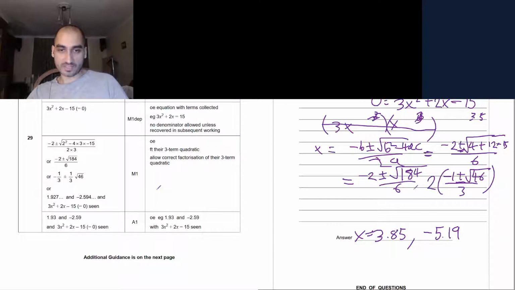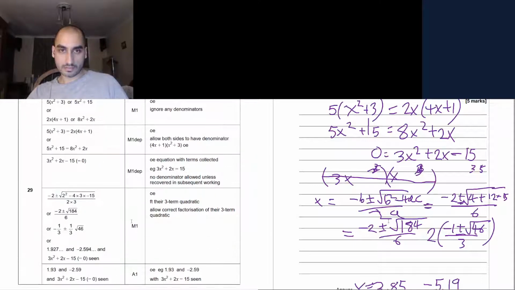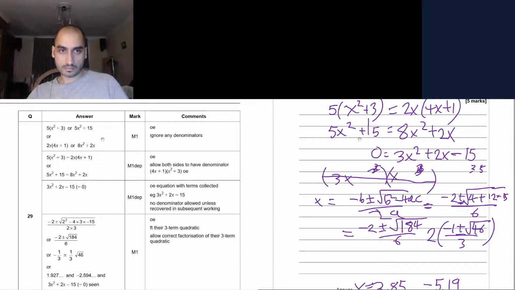I feel like this was all because I couldn't type into the calculator properly. Let's see. 3x squared plus 2x minus 15. So I got that correct. So I got M1 for this.